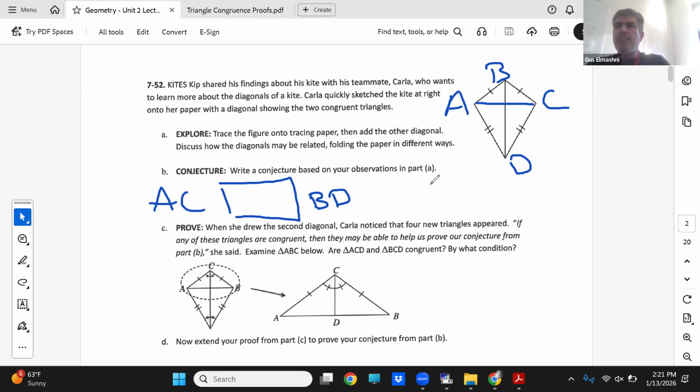I want you to take a stab at the relationship between segment AC and segment BD. Yeah, they're perpendicular. The diagonals are perpendicular. 100%.